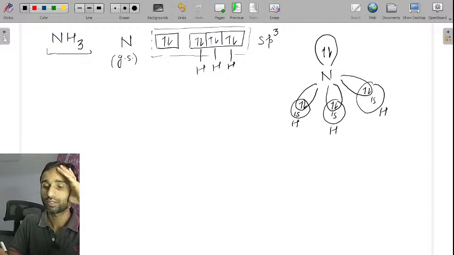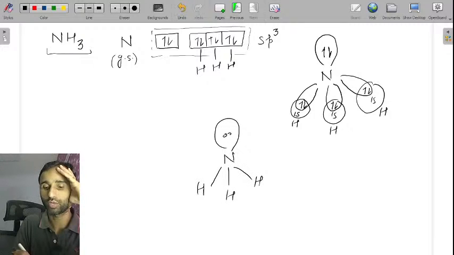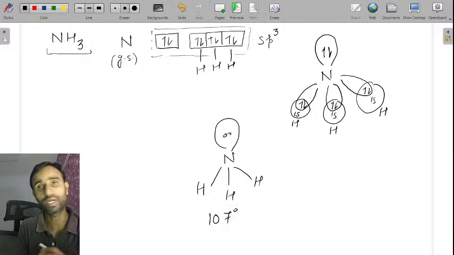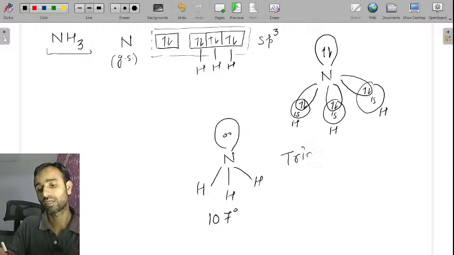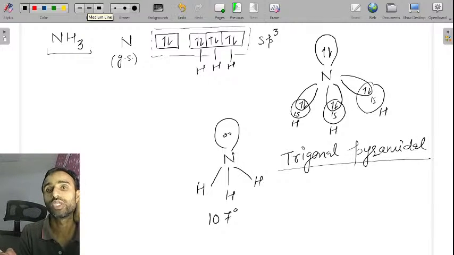Okay, so it is 1 lone pair and 3 bond pairs. So again, due to the presence of lone pair, bond angle is less than tetrahedral. It is roundabout 107 degree. So it is trigonal pyramidal. So this is all about hybridization.